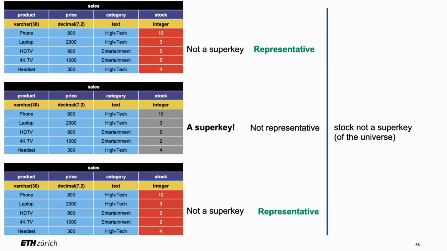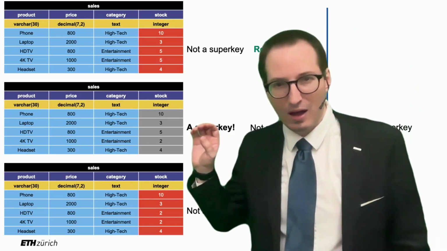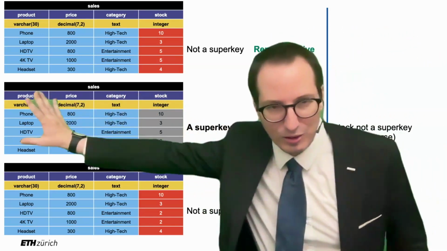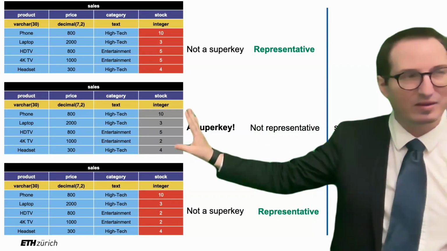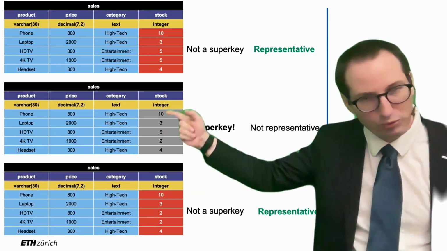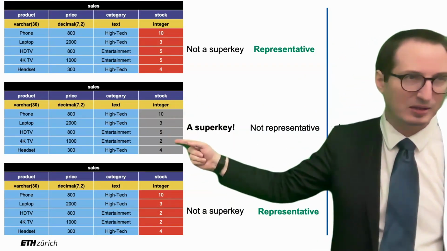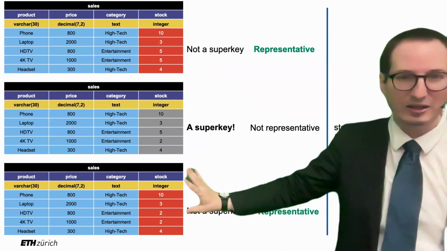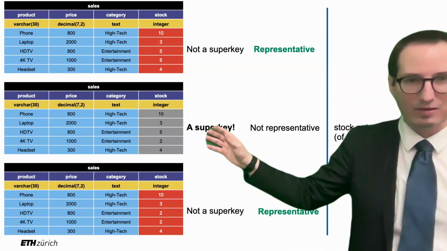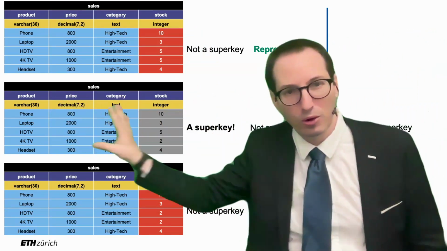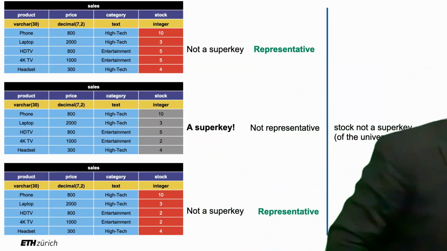But what we try to do is, at the exam, we will avoid giving you something like this. We will basically try to be careful not to have accidental super keys in there. So we might give you this table, we might give you this table, and we are going to be careful to not give you tables with accidents.